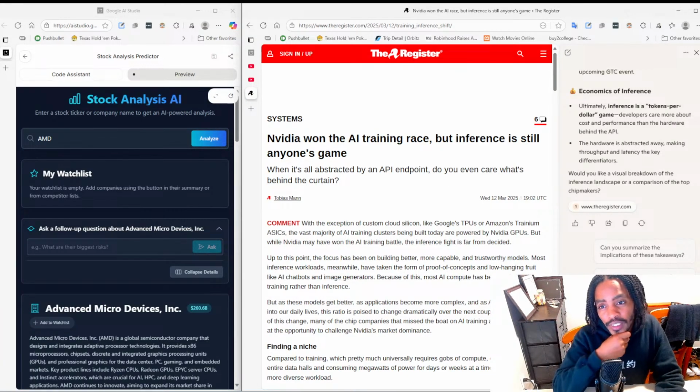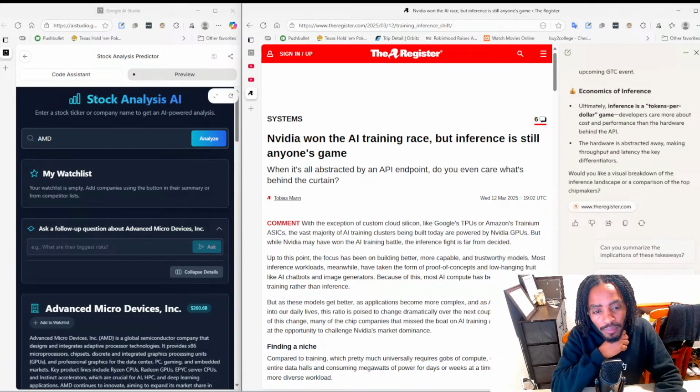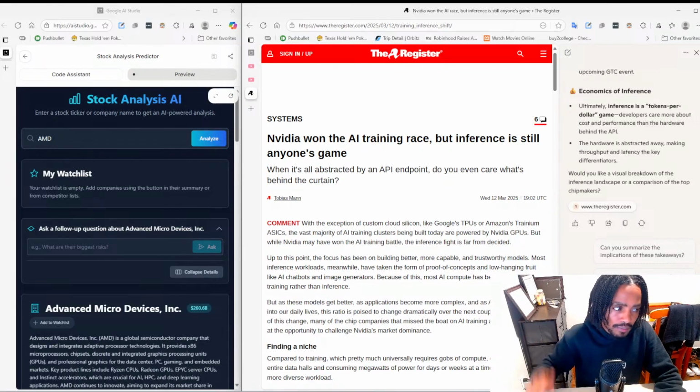I think either company could win it, but it's such a nascent market still, and no one company has ownership of the second portion of AI, the inference portion. I think that creates a lot of room for a company like AMD to really take on a lot of the market.